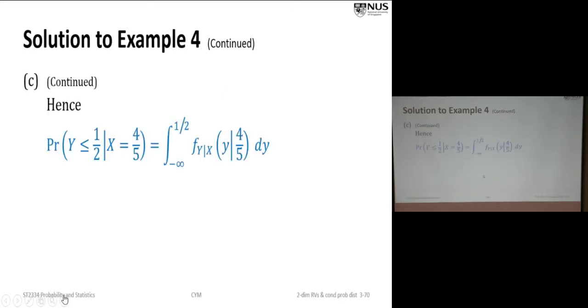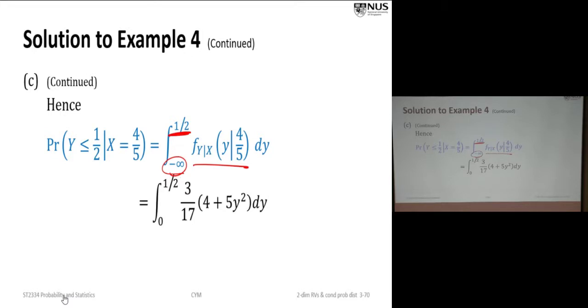Okay, so now I can consider finding this probability. So I just integrate from minus infinity up to half of the conditional distribution. But again, this equals this expression only for y between 0 and 1. So in other words, I have to break down this integration into two integrations.